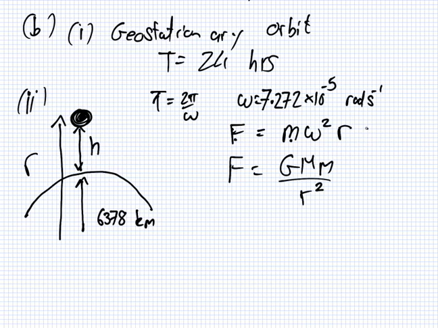So we could make these equal, but I'm reluctant to do that because the small m's cancel, which I know. I know the small m. Hang on, give me a moment.